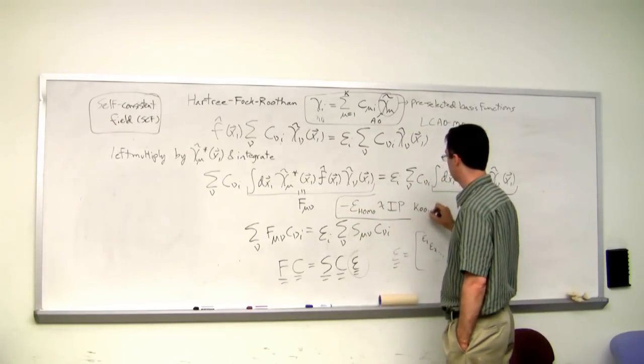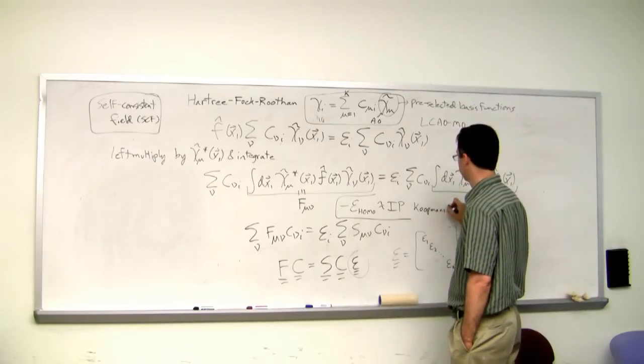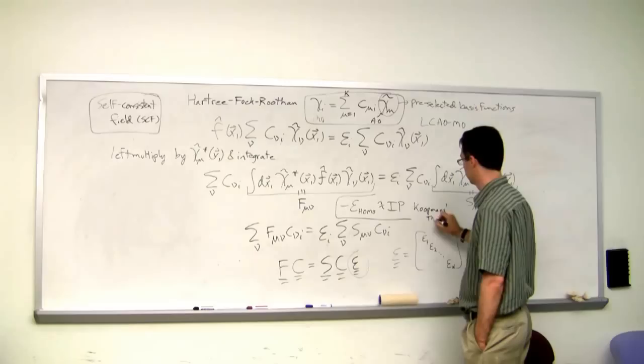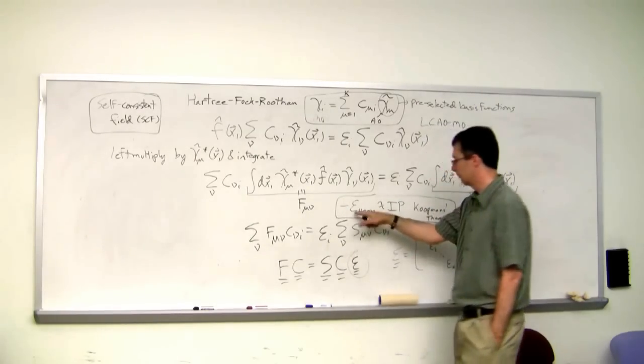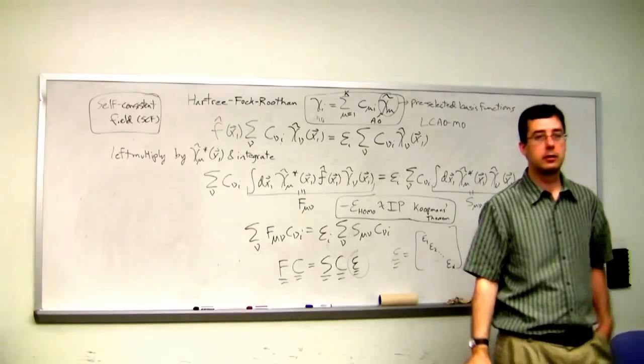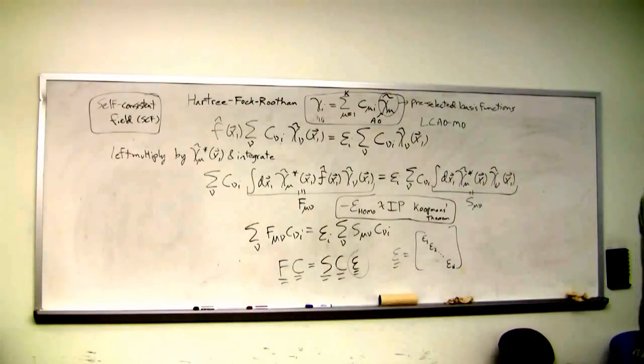This is called Koopmans' theorem. Koopmans' theorem says that you get the highest occupied molecular orbital energy, it's a negative number, so you multiply it by -1 to get a positive number, and that is approximately the ionization potential of the molecule.